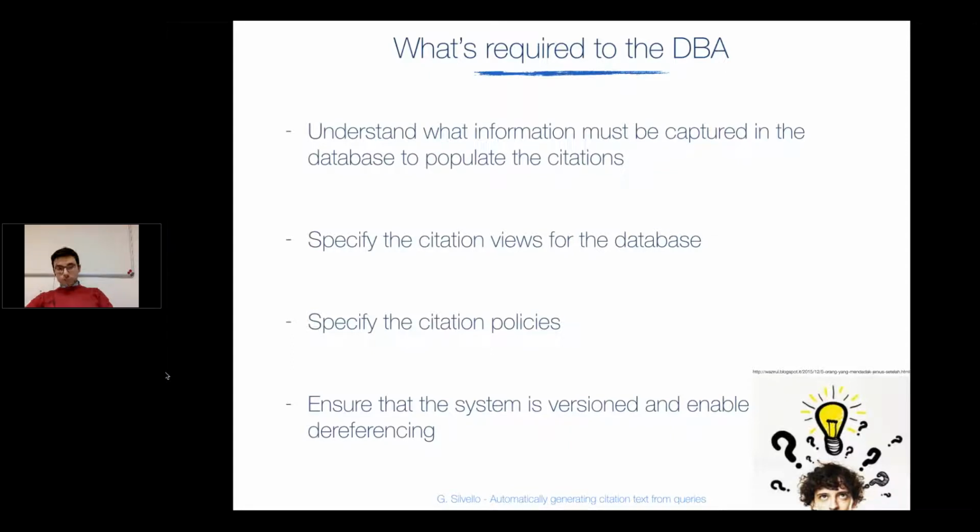Moreover, the DBA also has to specify some citation policies. Once we have all this information, the work is done, basically. If we do not add new classes or resources, we do not have to update our system. And even if we add new resources, everything is good to go, and we do not need to change our citation system because the system is able to use all these basic views to create the final citations.